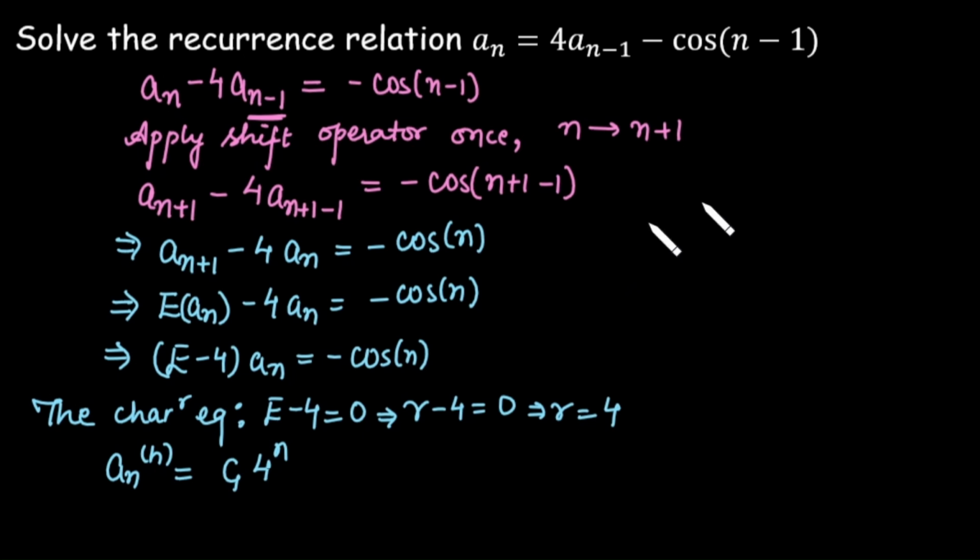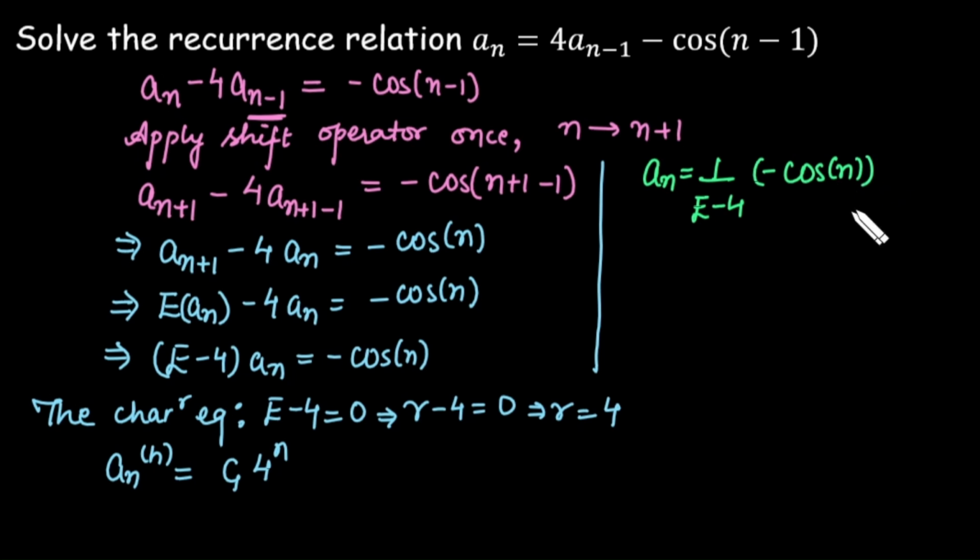But for the particular solution, what we need to do from here, we can write a n is equal to 1 upon E minus 4 of negative cos n. So the first step in this case, we need to write this into the form of exponential.